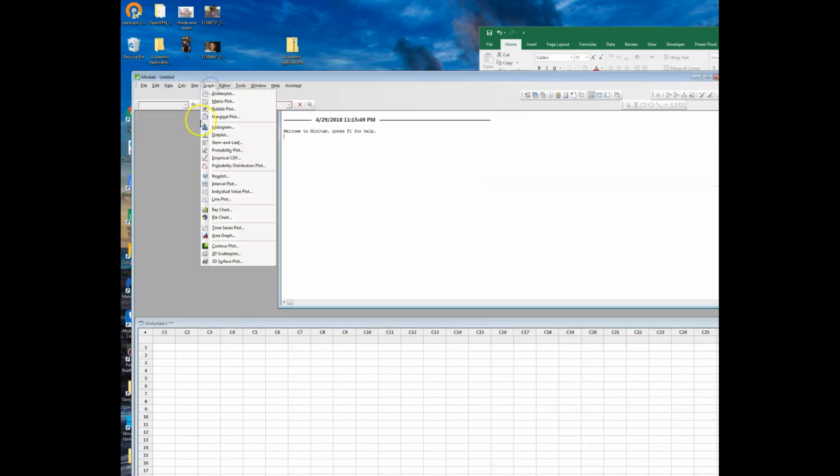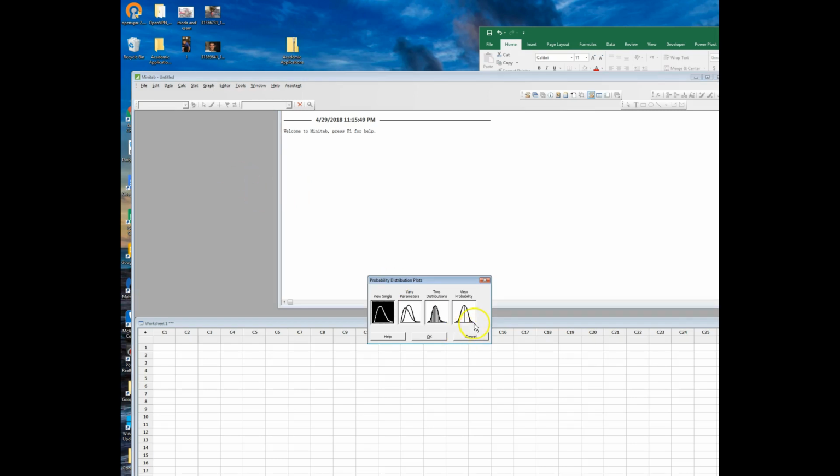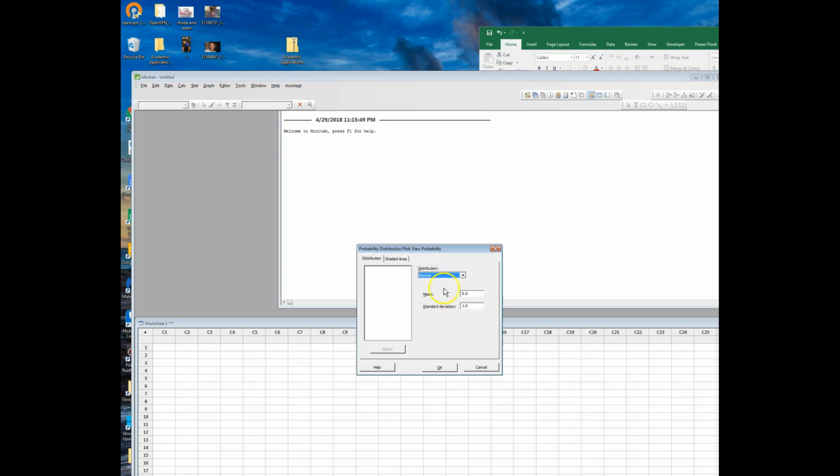I could go to the graph. Let's assume that I have an alpha with a value that is based on the right hand. So I'm going to go to the probability distribution graph, and to view probability, click on OK. It's the normal distribution. As you notice, always the mean is going to be 0 and the standard deviation is going to be 1.